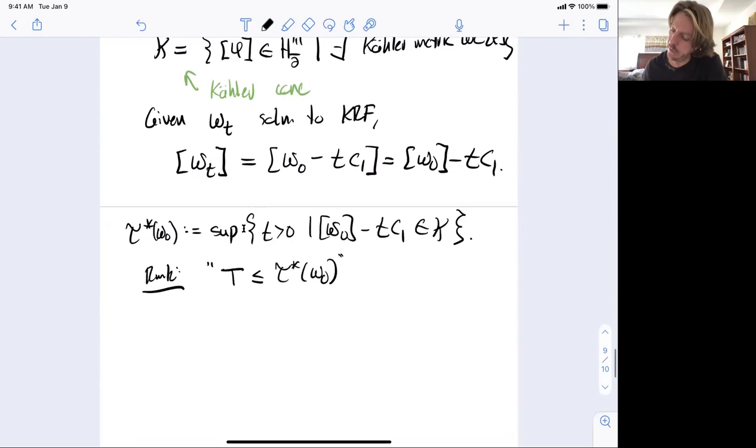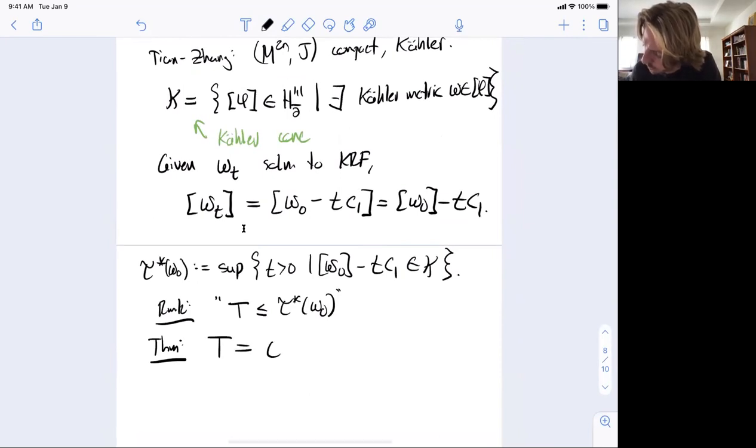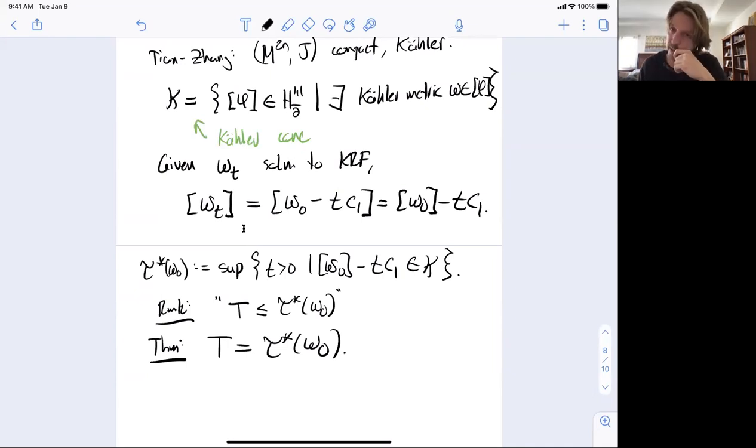And then basically the result. This is the theorem of Tian and Zhang. So the actual theorem can now just be stated as T equals tau star of omega naught. This is the heart of the result. In other words, until my class leaves the boundary, leaves the Kähler cone, I will exist smoothly.